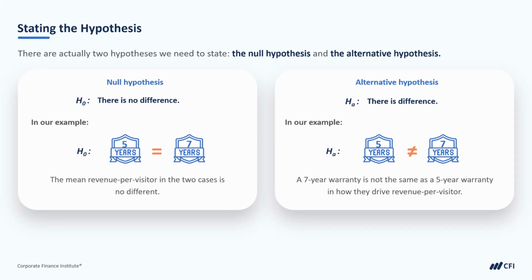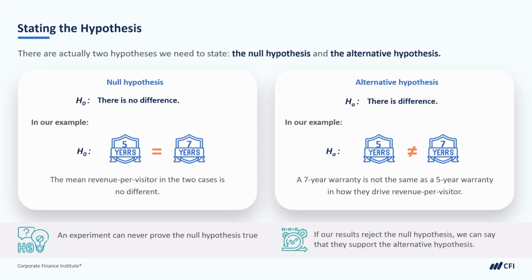As we discussed earlier in the course, our test will either reject the null hypothesis or fail to reject the null hypothesis. We will never say that the null hypothesis was proven correct. And this is because an experiment can never prove the null hypothesis is true unless we test the entire population.